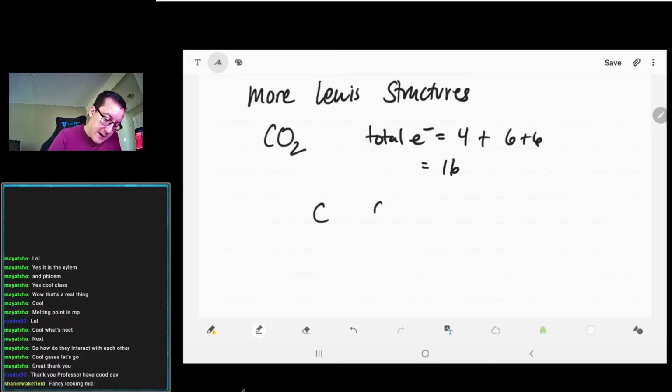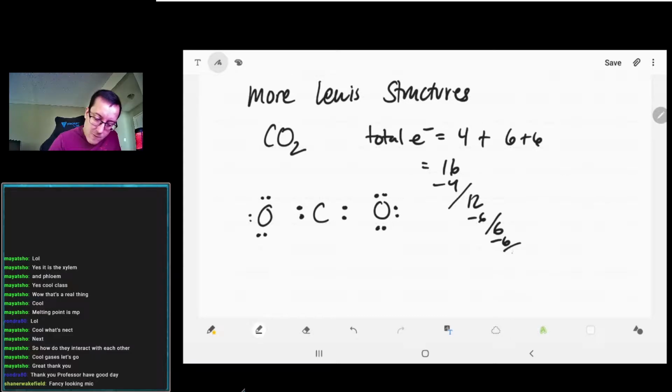We're going to assemble our skeleton with a single bond for each one. 16 minus 4, I can do it. 12. Yes. Here we go. There's 6 of them. There's another 6 of them. That is a really ugly subtraction.